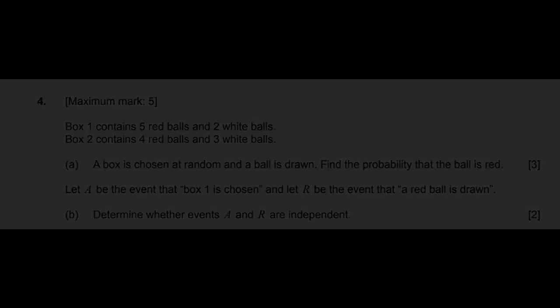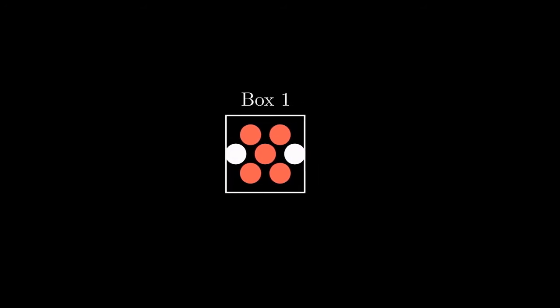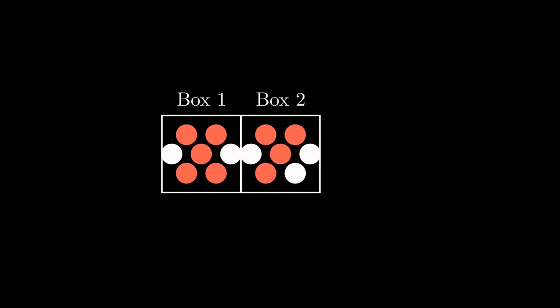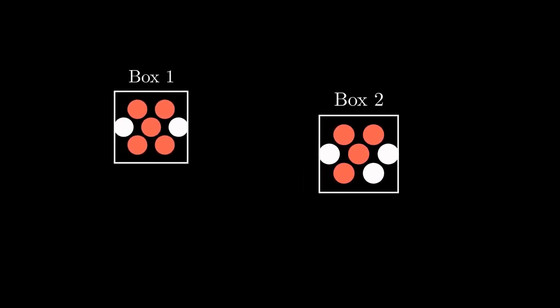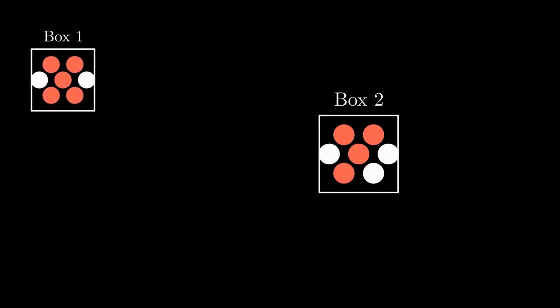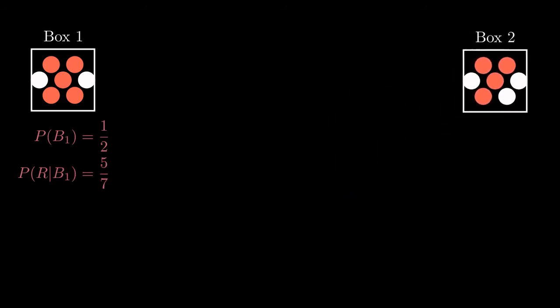All right, let's look at the boxes now. And here we have box 1 and box 2. And we said the probability of choosing either box is a half.